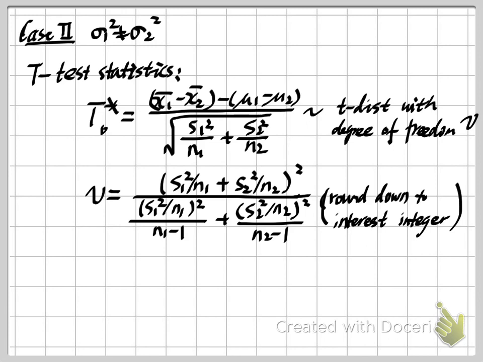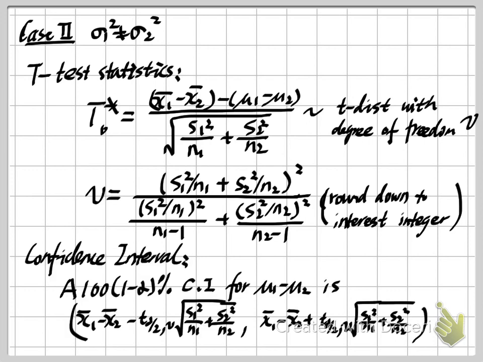Before the end of the new material, let me give the formula for our confidence interval. In this case, our confidence interval looks like this. If we compare this with our previous case, case 1, everything is similar, except that instead of using SP square, we use S1 and S2.